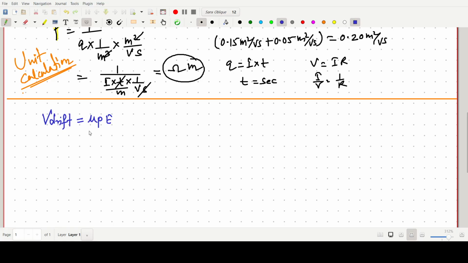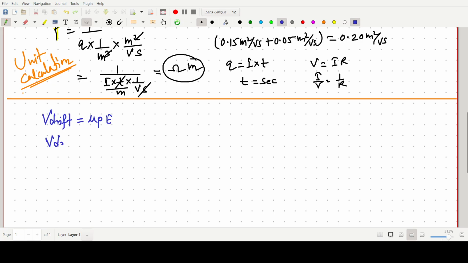So in a semiconductor, the carrier drift, the movement of electron and hole due to applied electric field, the drift velocity will be mu p e, for the positively charged holes which drift along the direction of electric field.